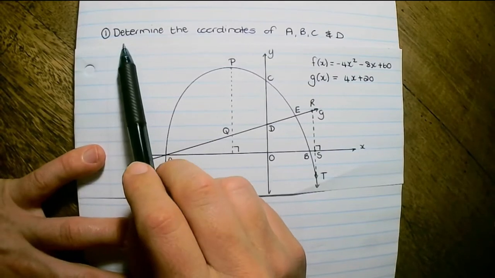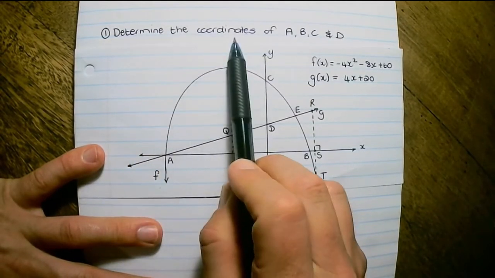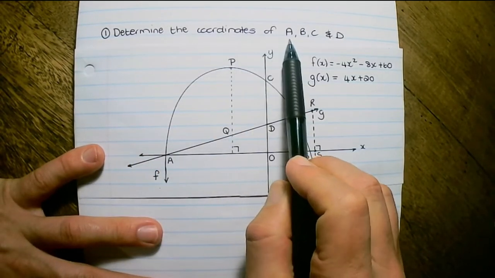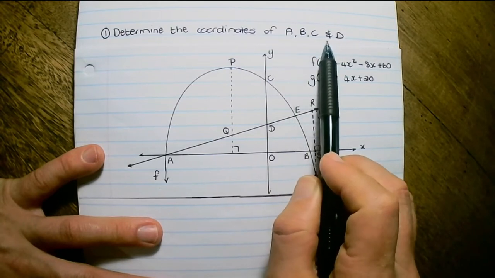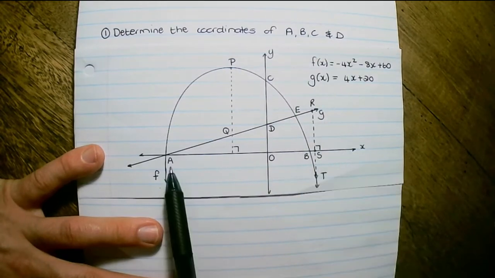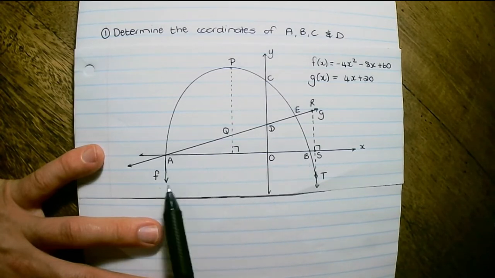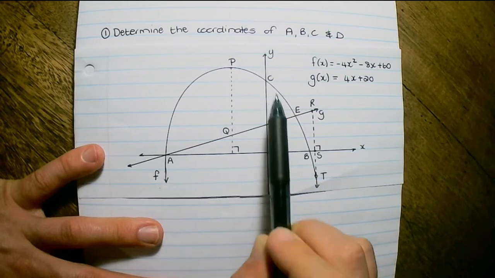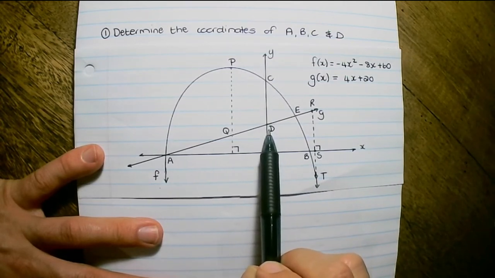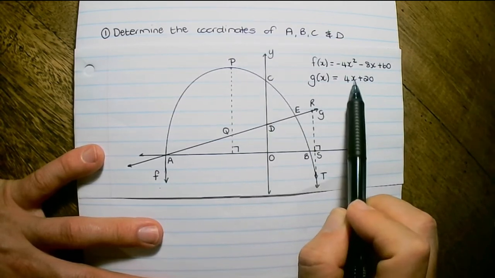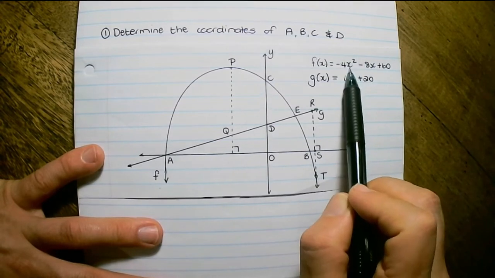So our first question is to determine the coordinates of points A, B, C, and D. Now points A and B are the x-intercepts of the f function, and points C and D are the y-intercepts of the parabola and the straight line respectively.